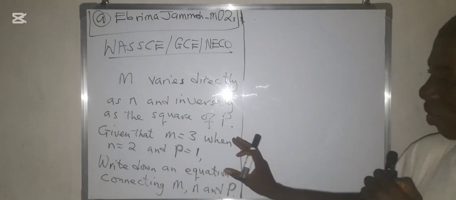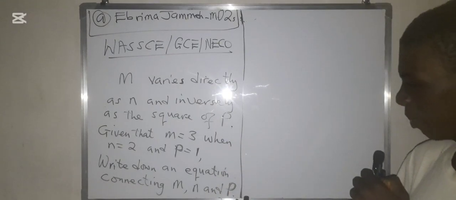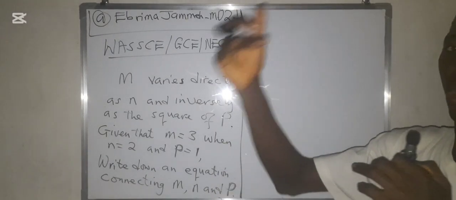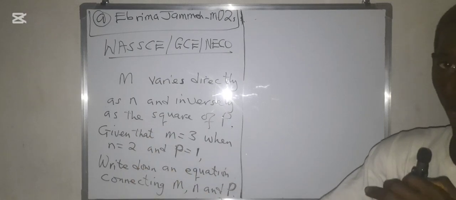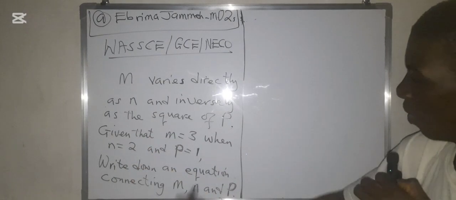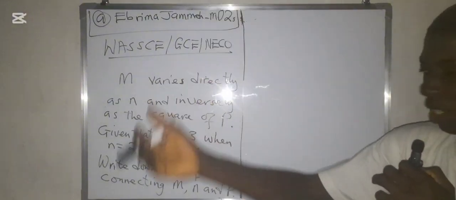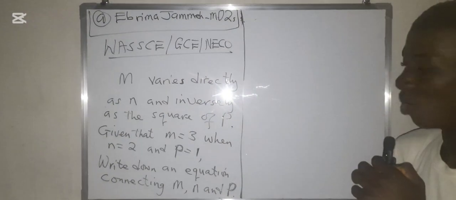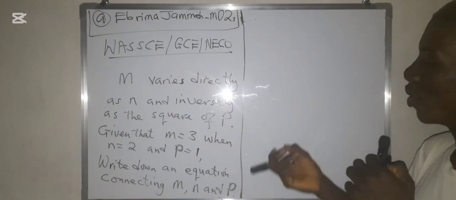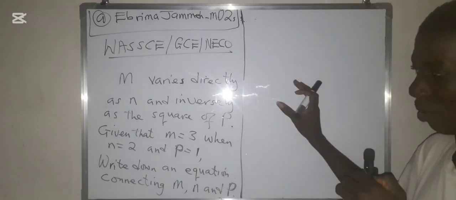So if you see this kind of question, you can see that there is no other additional question. The values are given. There is no additional question that you are asked. So here, you need to write down the equation.